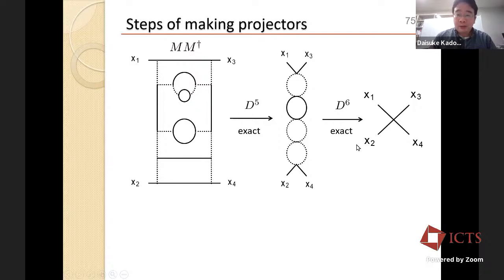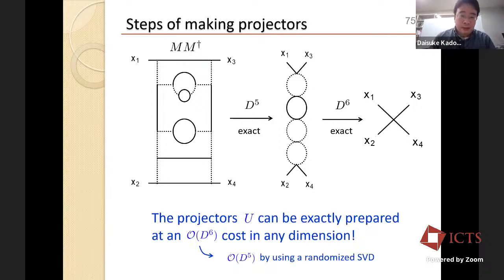The cost of diagonalizing M M dagger is proportional to D to the 6th because M M dagger is a D squared by D squared matrix. This means that the projector U can be exactly prepared at the D to the 6th cost in any dimensions.